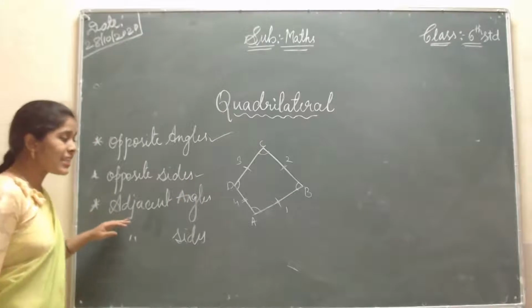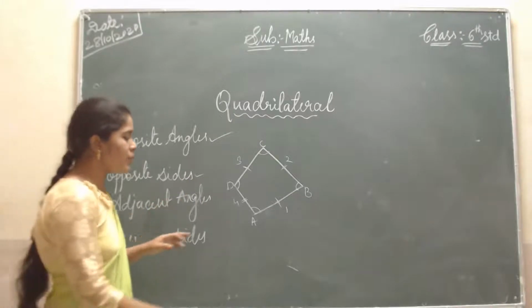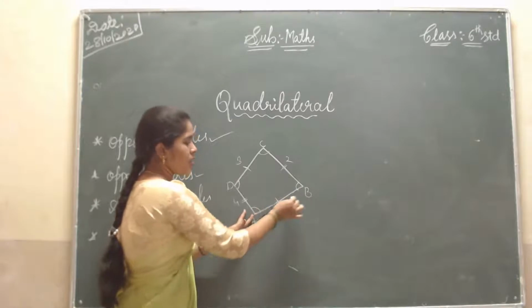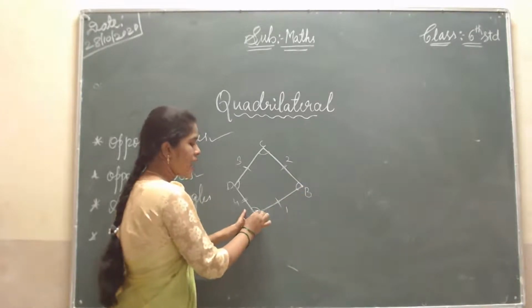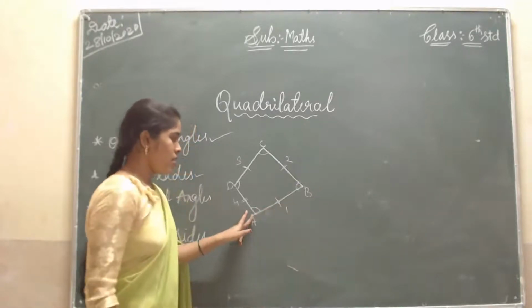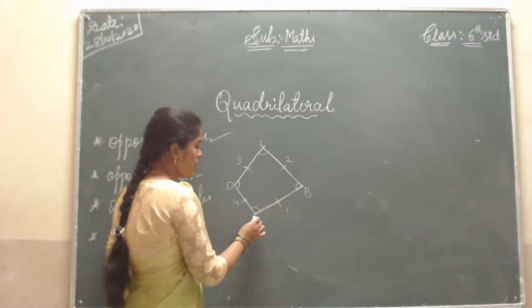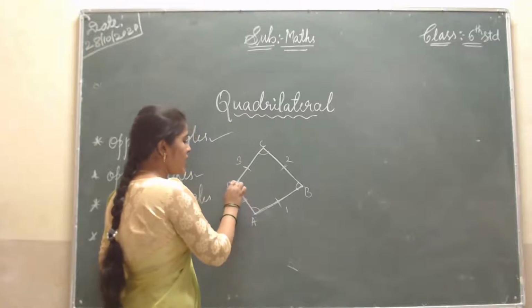Next, adjacent angles. Adjacent angle means, see here, continuing. After A, B is coming. So after angle A, the angle B is coming. So this is adjacent to this one, and A is adjacent to angle D also.